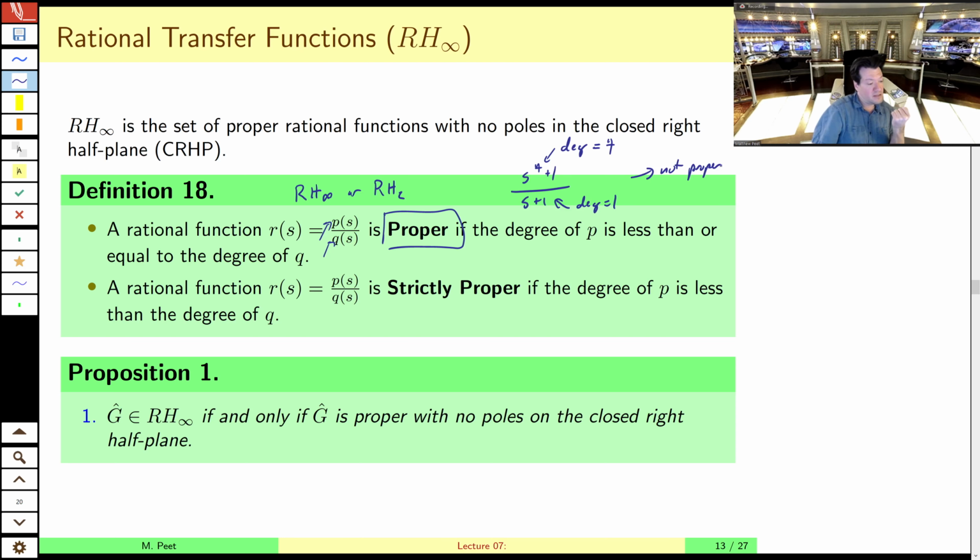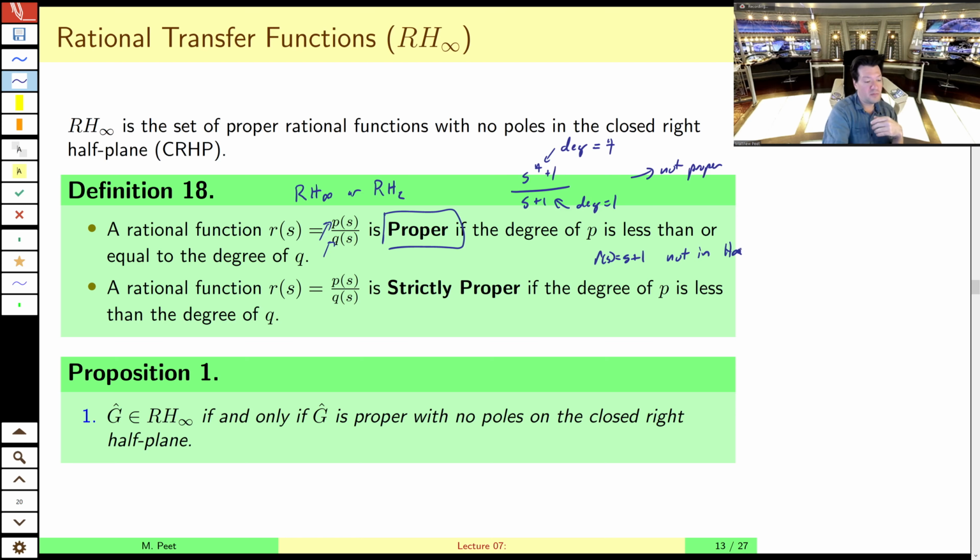Don't read too much into this, because this is not a great restriction to properness, but it's necessary. So for example, if we had s plus 1 as our transfer function, s plus 1 is not in H infinity.